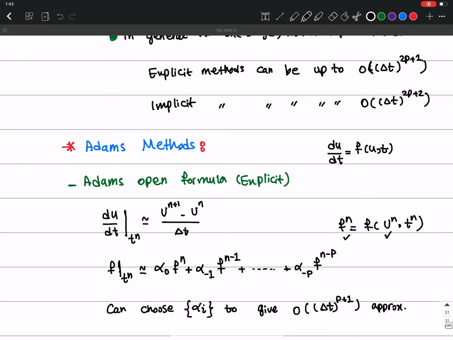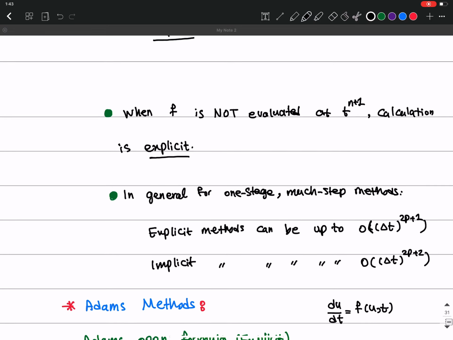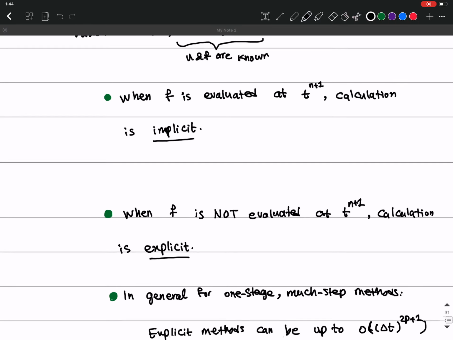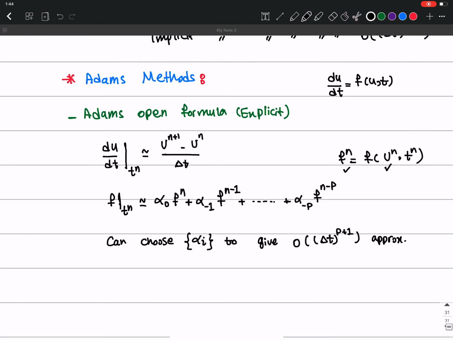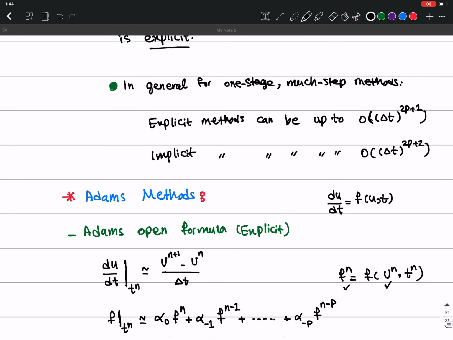Yes, we can choose them based on this to give us that approximation.